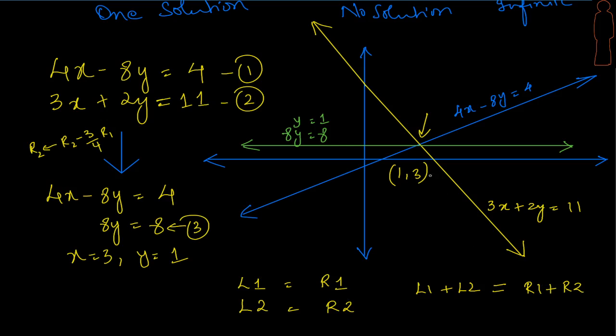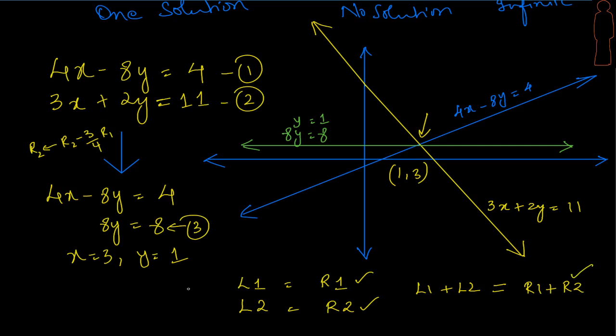Remember that the point 1, 3 satisfies this equation. So if I substitute 1 and 3 here, it satisfies L1 equal to R1. 1, 3 also satisfies L2 equal to R2, and since these are just parts of expressions coming from these two equations, you will find that 1, 3 will also satisfy this without any issue.